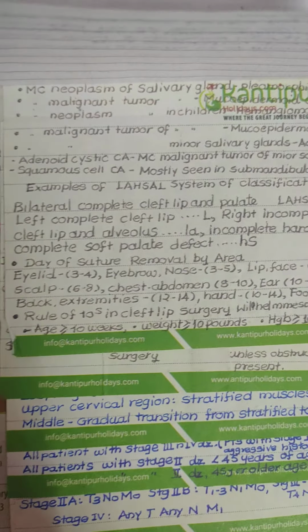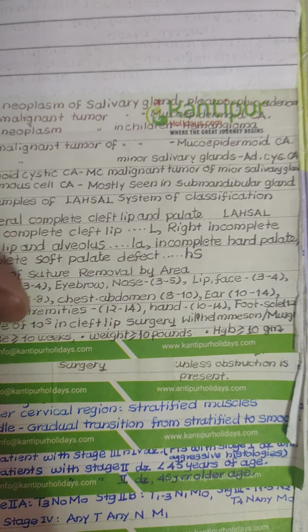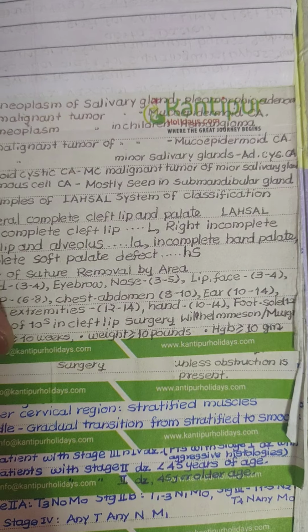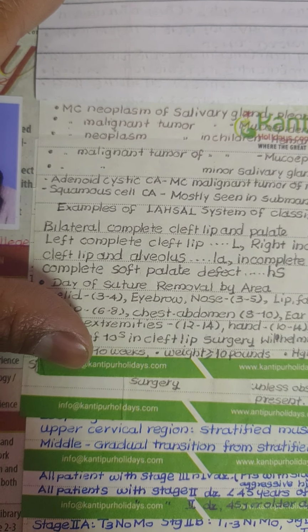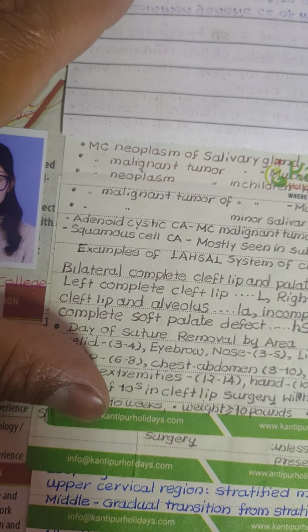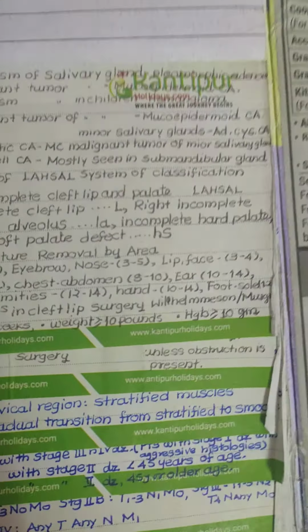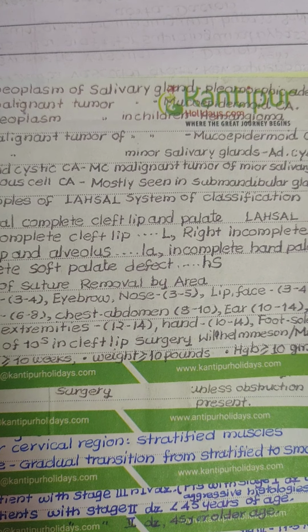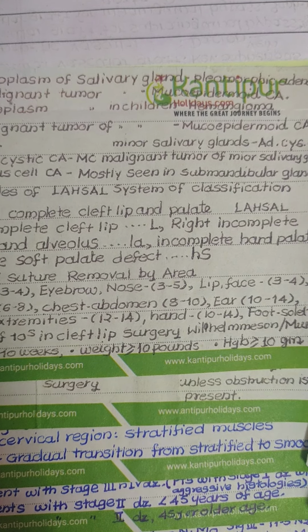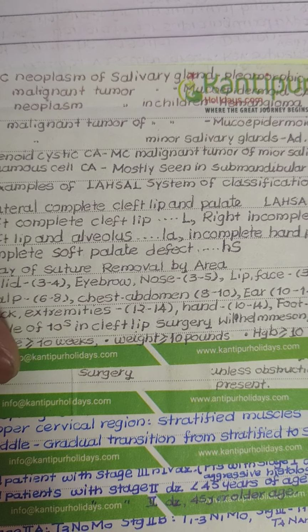Most common neoplasm of salivary gland is pleomorphic adenoma. Malignant tumor is mucoepidermoid carcinoma.